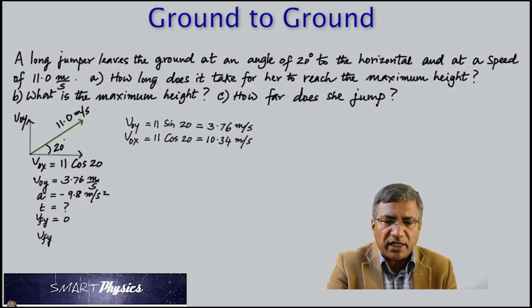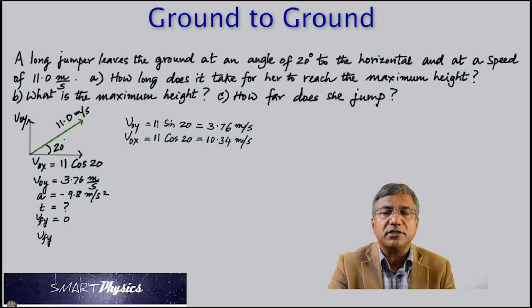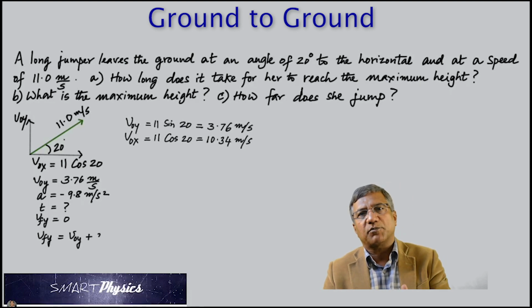When you look at these quantities, you try to figure out the equation that contains all four of them. This is not the same as before. Now it's Vf is equal to V naught plus AT.